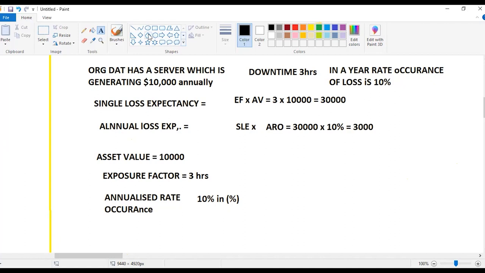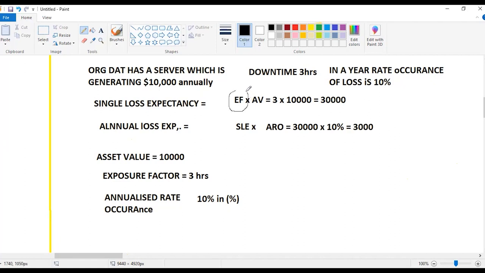Consider if I am earning 10,000 yearly and my server is down for 3 hours, so my loss will be three times more than I earn in a year. Yes. That's why, see here again, single loss expectancy: we are here to find how much your loss is in a single time.